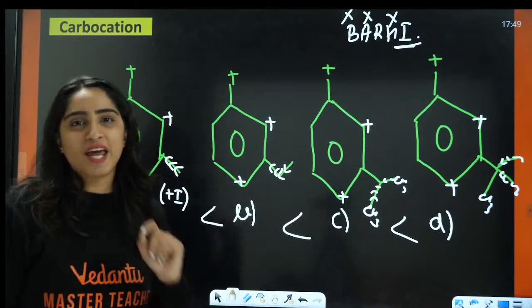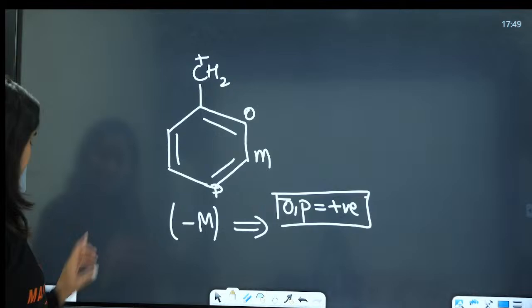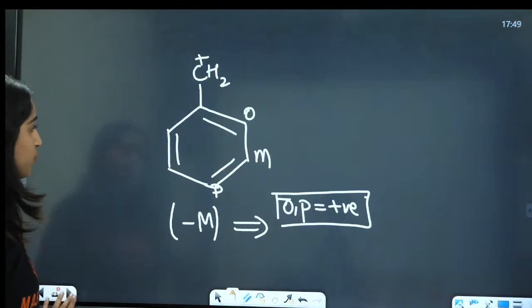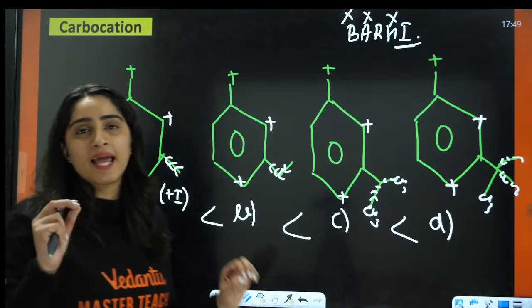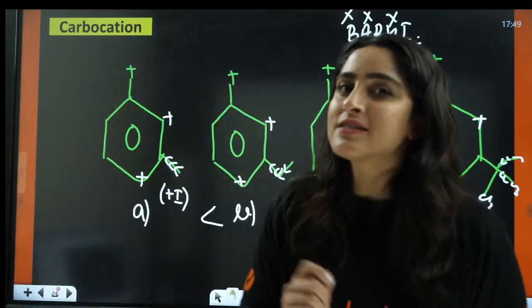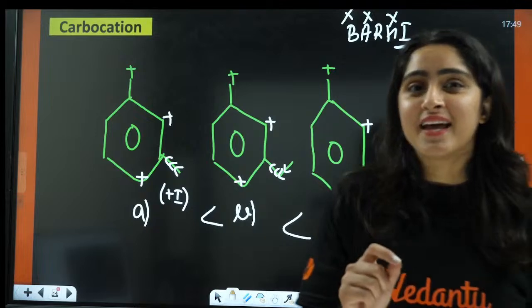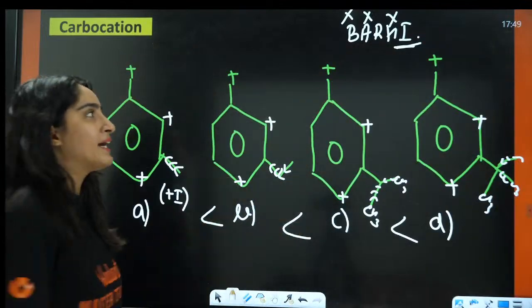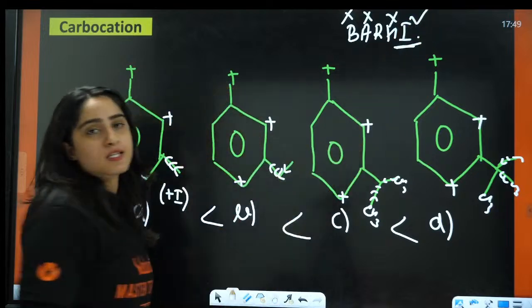See how things change when you have put the same group on para position and the same group on meta position. Things have changed like this. What is the reason behind that? The reason is this priority order. Here the hyperconjugation is not applied. Here the inductive effect is applied.